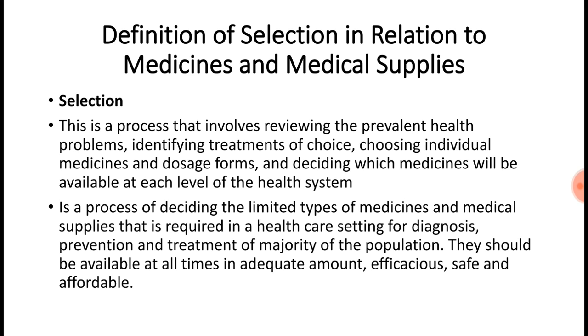Kwenye health system kuna level mbalimbali za either department or whatever ambazo zinashughulikia system nzima ya afya. Kwa mfano we have community pharmacies, we have ADO, tuna hospital pharmacies, we have military pharmacies and so on. Sasa depending on the level of the health system, tunaweza tuka select ni which kinds of medicines should be found there. Kuna dawa ambazo hazitakiwi kuwepo kwenye community pharmacies, labda let's say hizi ADO shops.